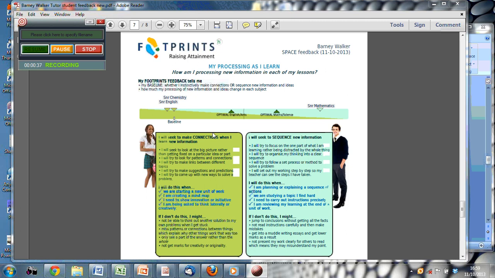Let's start off by thinking about making connections when we learn information. Making connections is about being able to see what we're learning in relation to the big picture rather than getting fixed on a particular idea. It's about looking for patterns and connections between things, making links between different topics, trying suggestions and making predictions, and coming up with novel ways to solve problems.